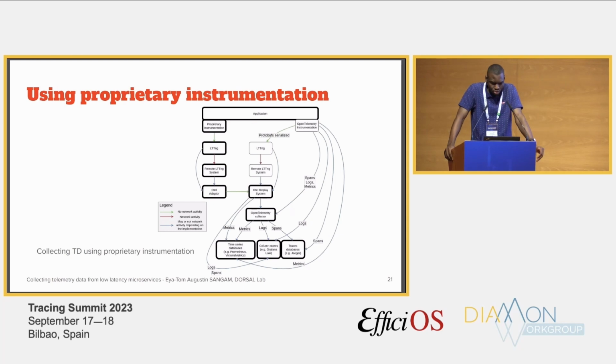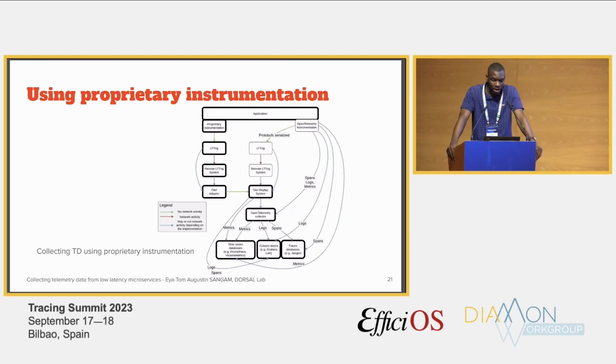You can choose to instrument your application yourself without using OpenTelemetry at all, and then manage to adapt the data later on to match the OTel reference. So you have your application, you do your instrumentation as you want, and then you send all the data that you collected to LTTng.